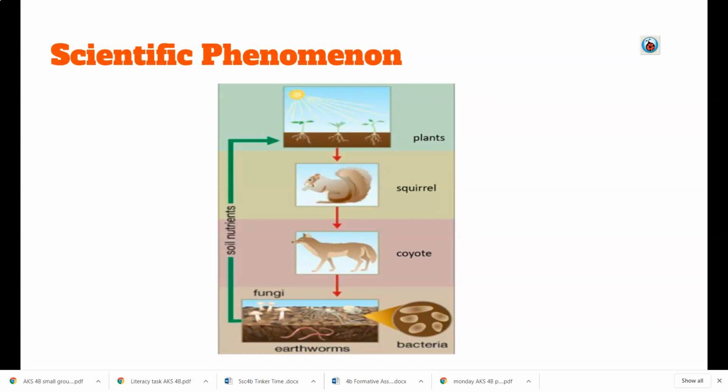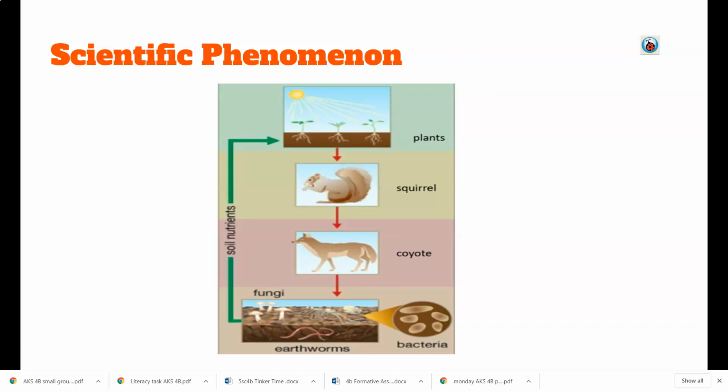I also see earthworms on the bottom and fungi. Fungi is a plural for fungus. We talked about mushrooms last week. So if you have more than one, we say fungi. Then above that in a box, we see a coyote. Above that in a box, we see a squirrel.